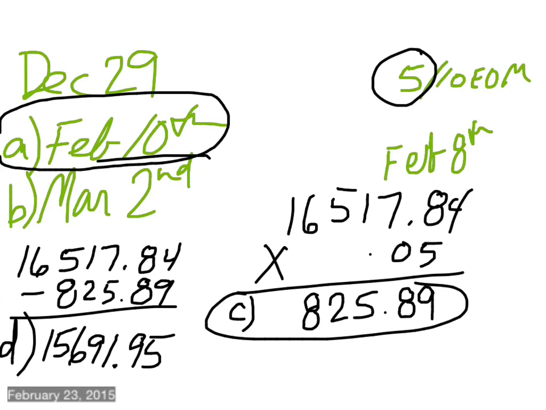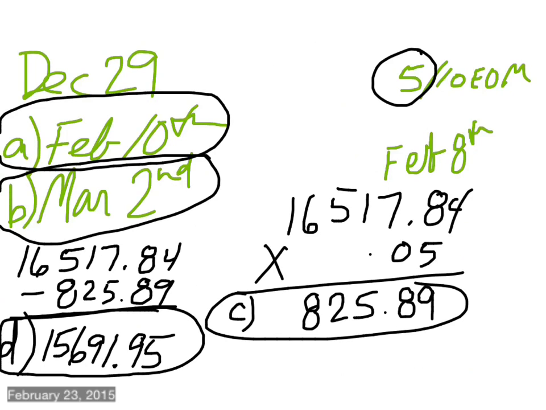Very good. So I'm circling all the ones that are, except for that 5 that I circled up at the top. That's our parts A, B, C, D. Okay? Make sense? All right.